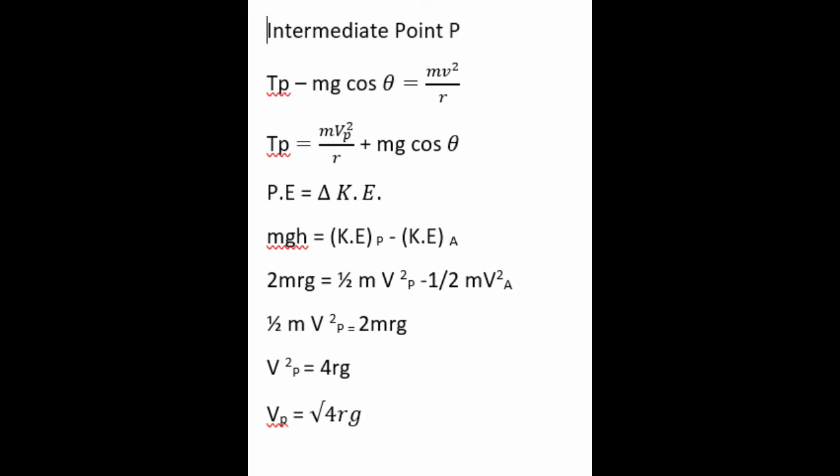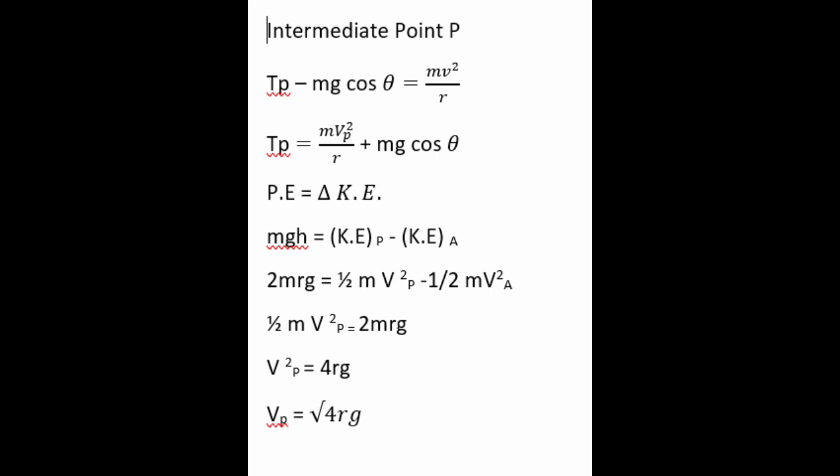Therefore, 1/2 mvp square is equal to 2mrg, or vp square is equal to 4rg, or vp is equal to square root of 4rg. This is the velocity with which the object must travel at point P.